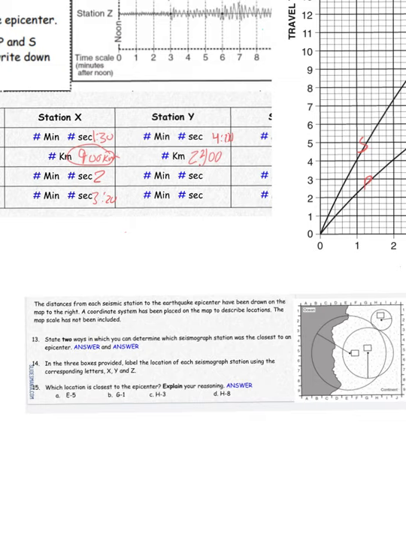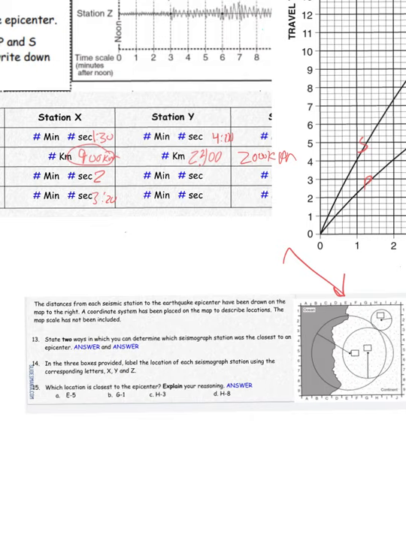Okay, so the next step is to state 2 ways which we can determine the seismograph station was closest to the epicenter. So when you did the station Z, you should have gotten 2,000 kilometers. Okay. And so when we label, we're going to label using that information, these circles.